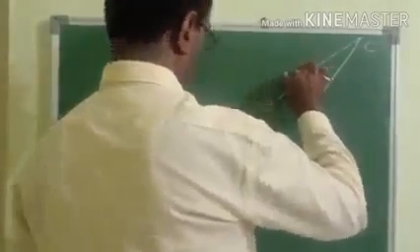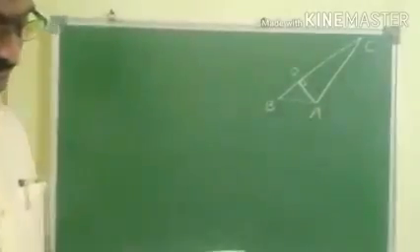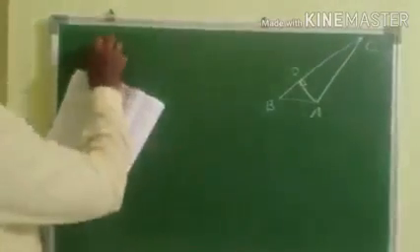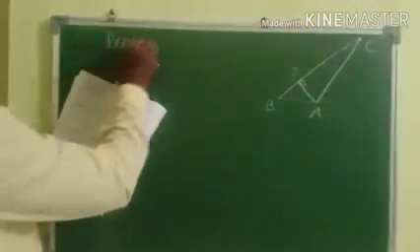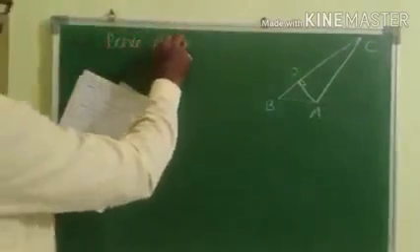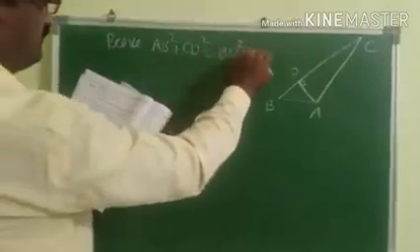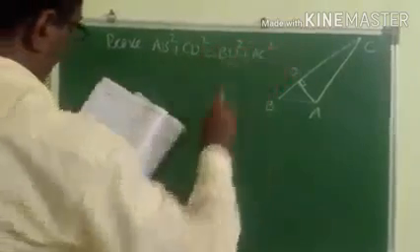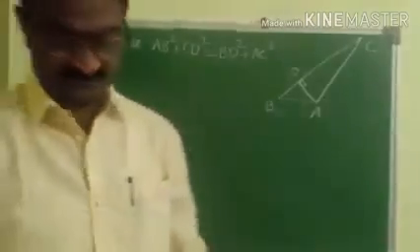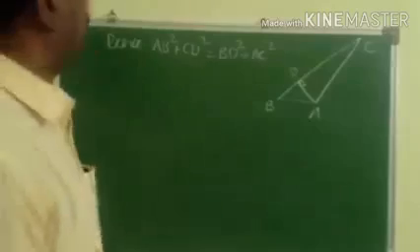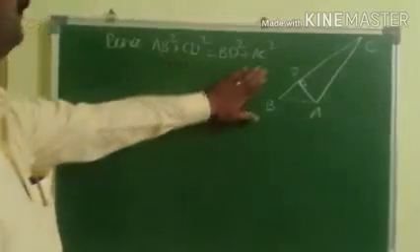It's given. Then, according to the given information, prove that AB square plus CD square is equal to BD square plus AC square. This we have to prove.